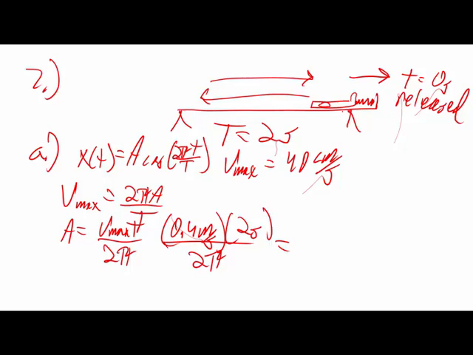Well, we've got 0.4 times 2 divided by 2. Made a mistake. Hang on.